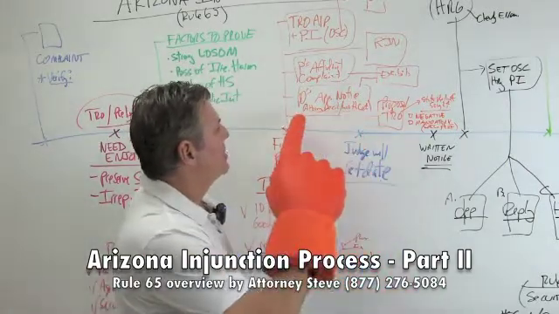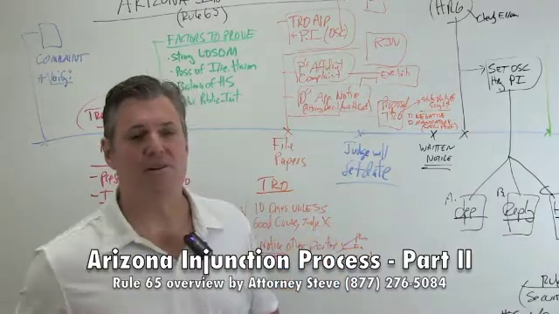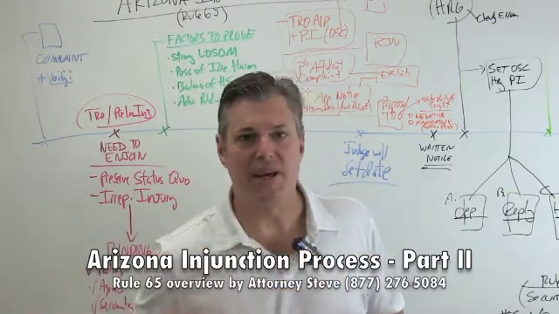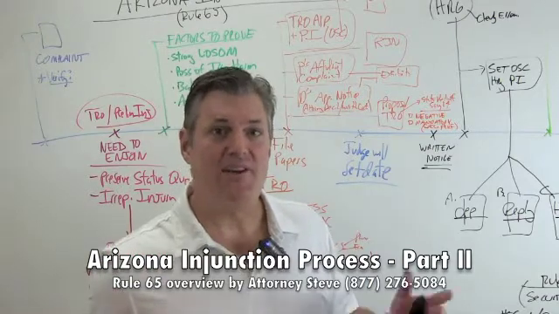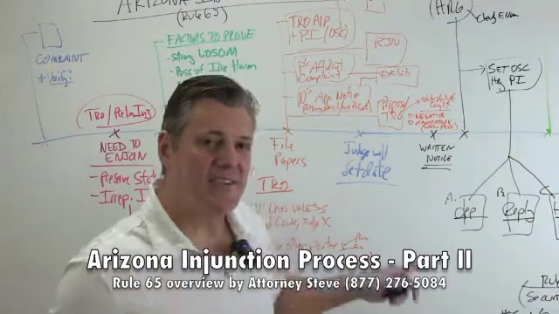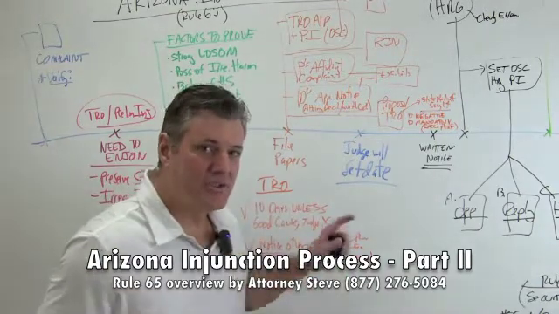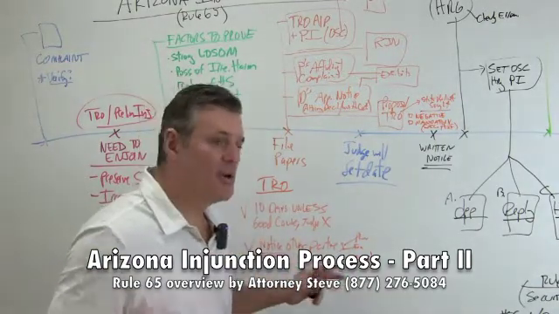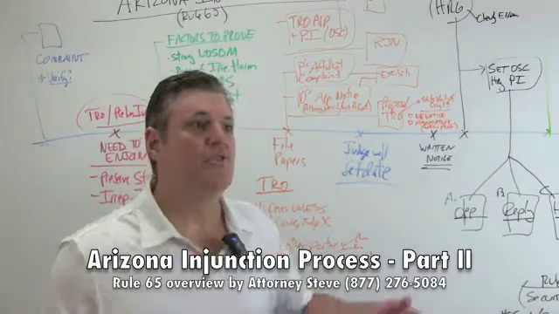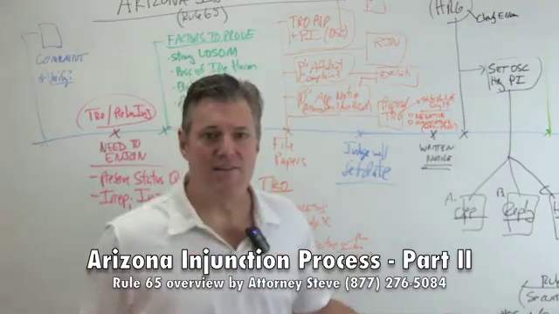You've got to understand that. You'll also need your exhibits and your attorney's written certification of the attempts to provide notice to the other parties. The court's going to want to know that you tried to notify the other party, that you weren't just trying to sneak behind everybody's back, and then come and tell your one side of the story. The judge knows there are two sides to the story.